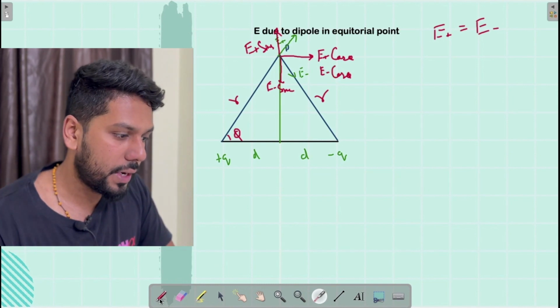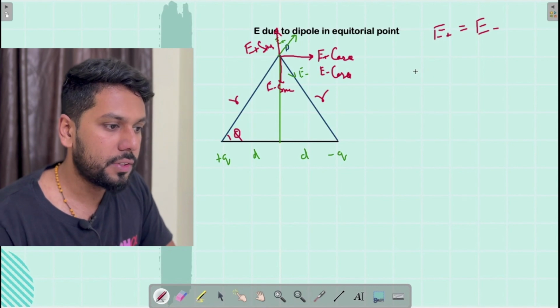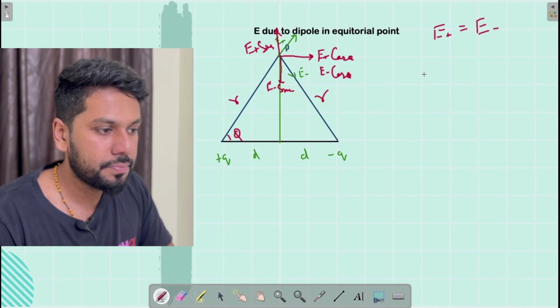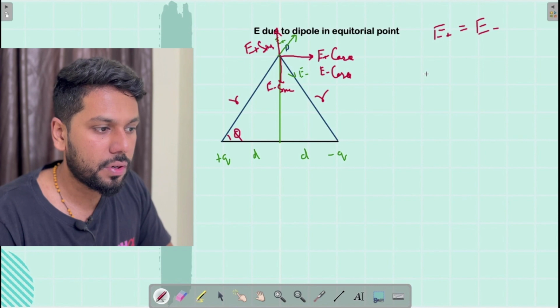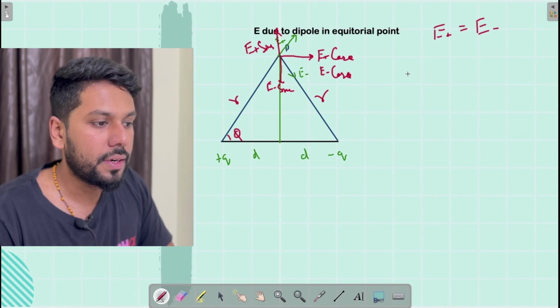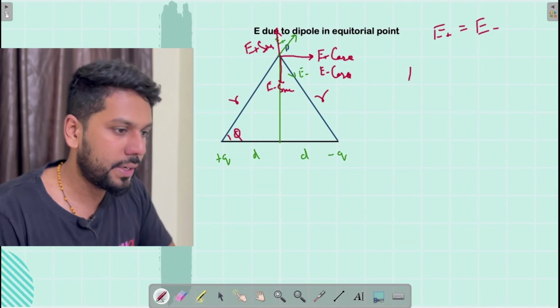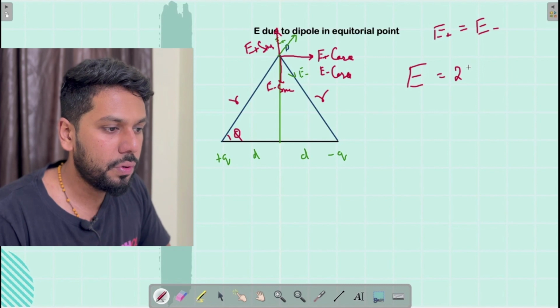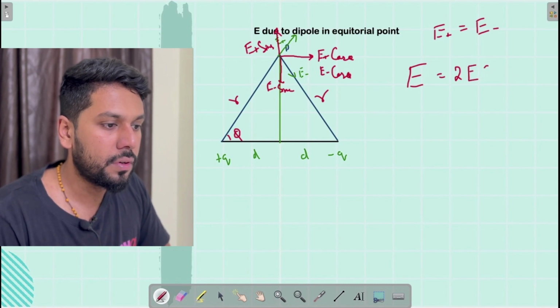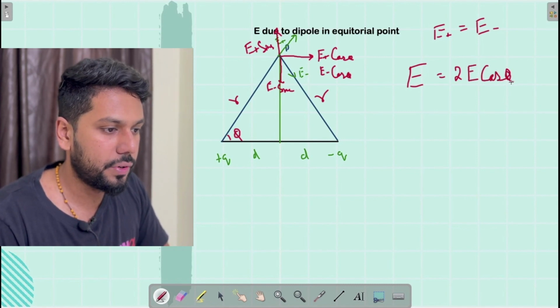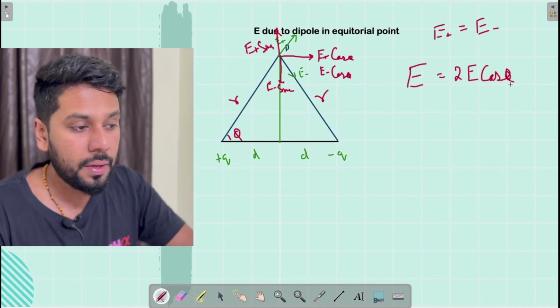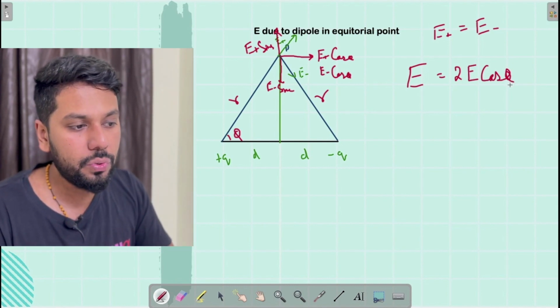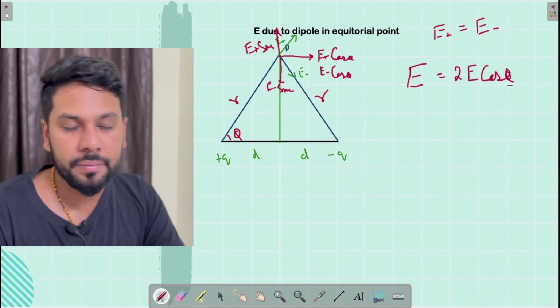So when I add up the cos components, it is basically going to become E cos theta, so my net electric field magnitude is going to be 2E cos theta. Direction you saw, but the magnitude is going to be 2E cos theta.